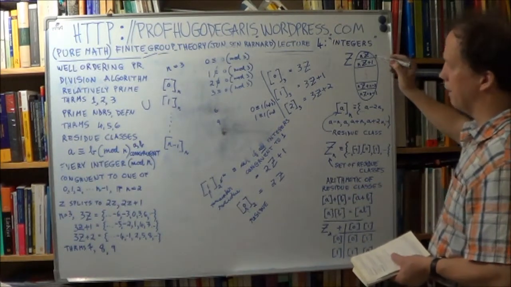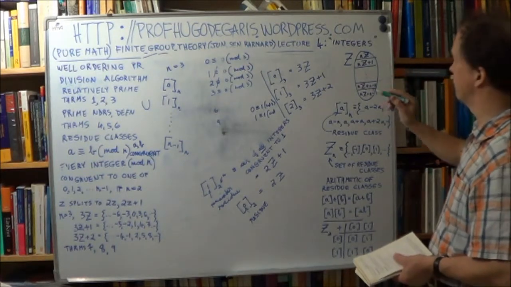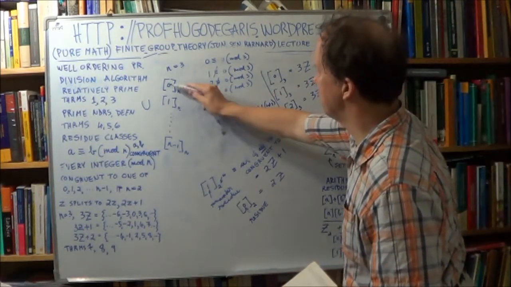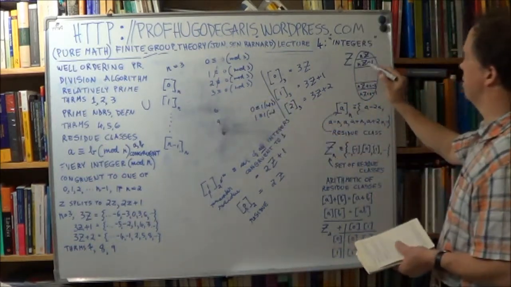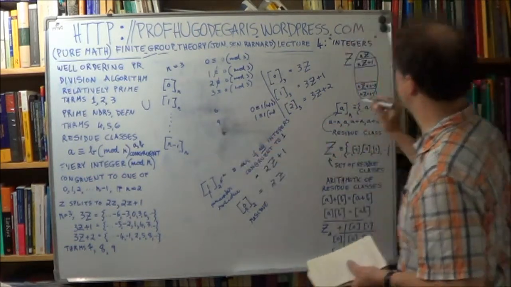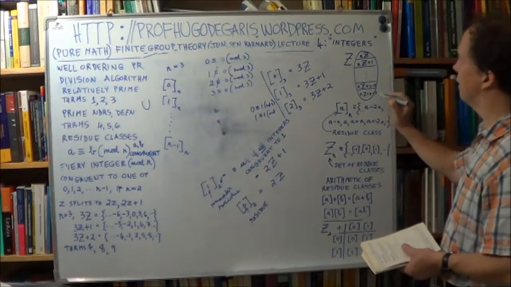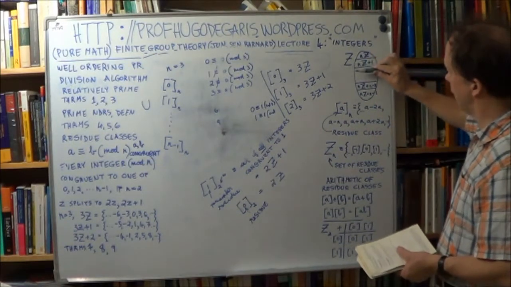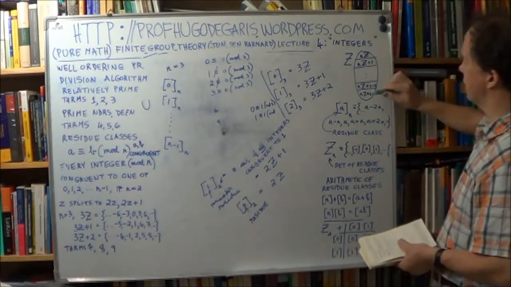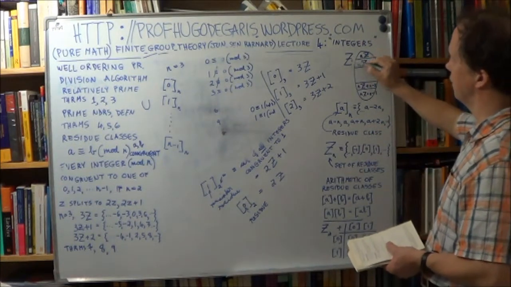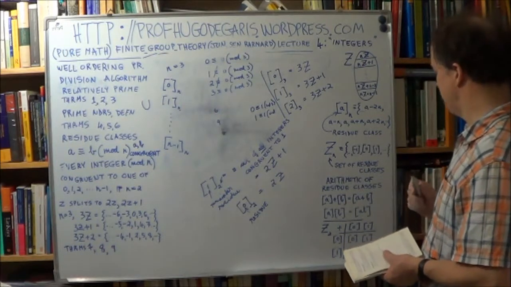So this one is just nz, that one becomes nz plus 1, and so on. And this last one would be nz plus n minus 1. So these classes, these sets, are in a sense subsets of z, the set of integers.